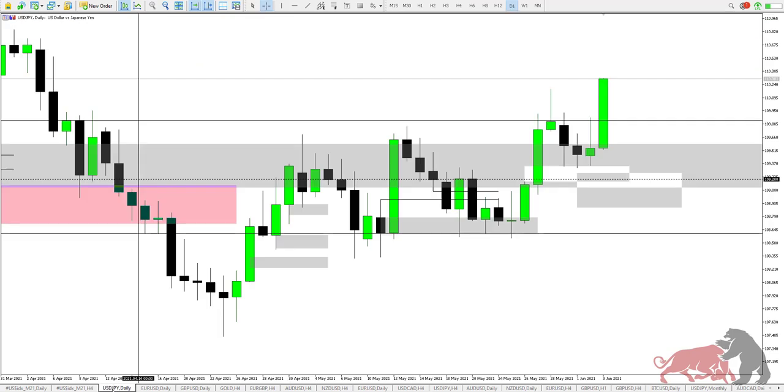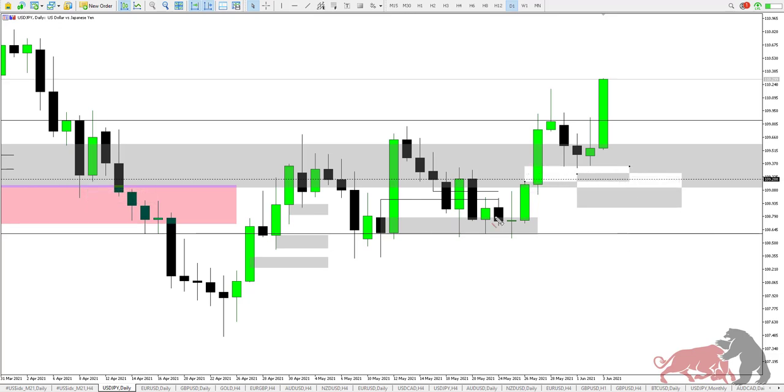Then finally we've got the yen, the Japanese yen. The price that we were looking out for was 109.200, I can't remember. That was the price that we were looking out for long entries, or when price trades into this fair value gap.